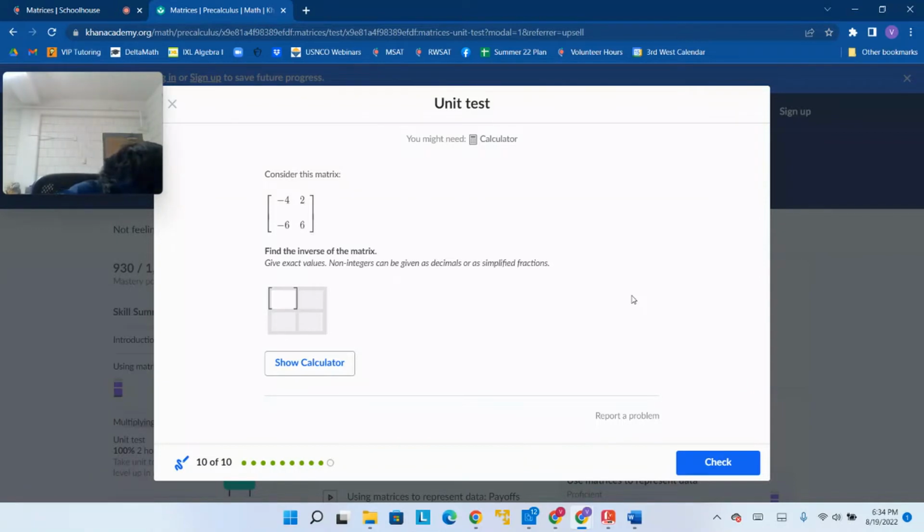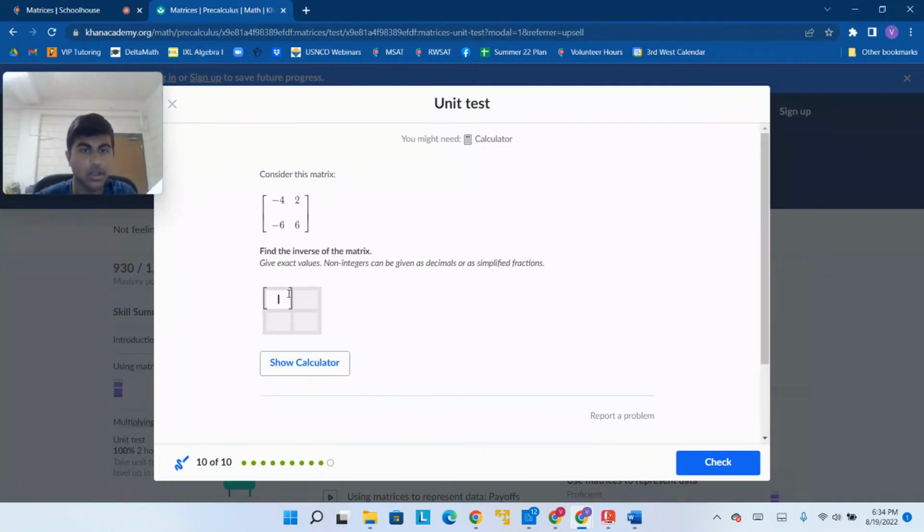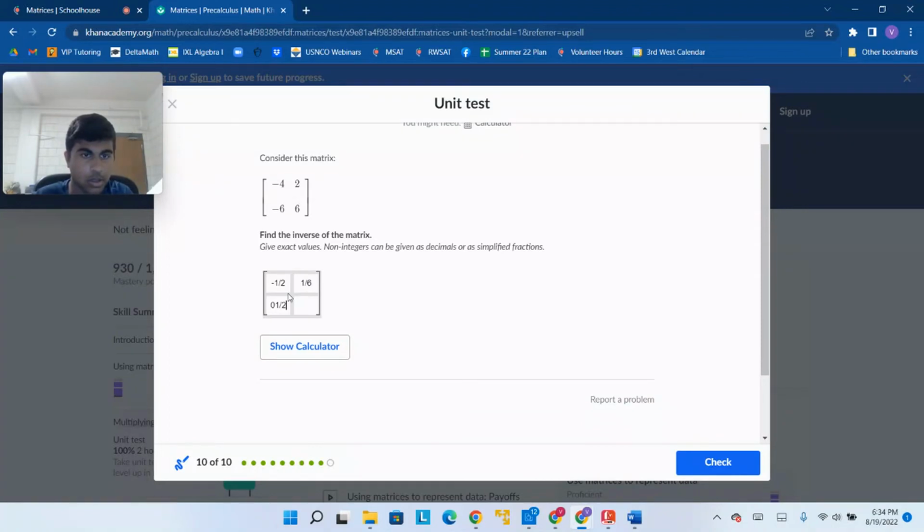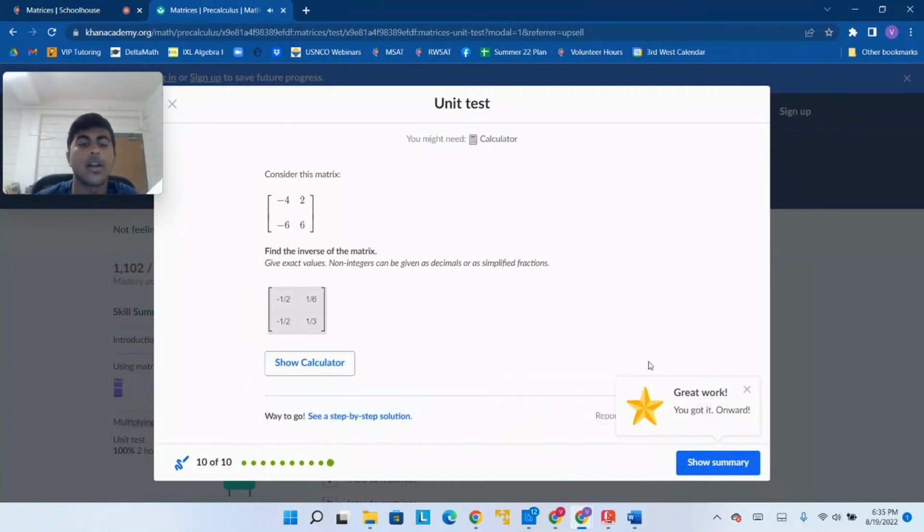I'll multiply all that by negative 1 over 12, and you get negative 1/2, 1/6, negative 1/2 again, and 1/3. And that is going to be it. All right, that is our answer.